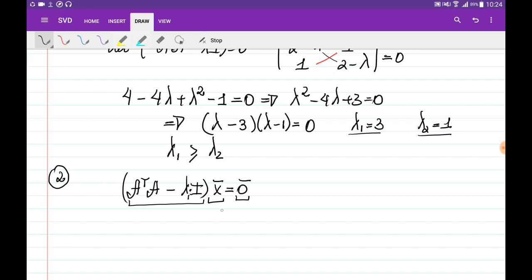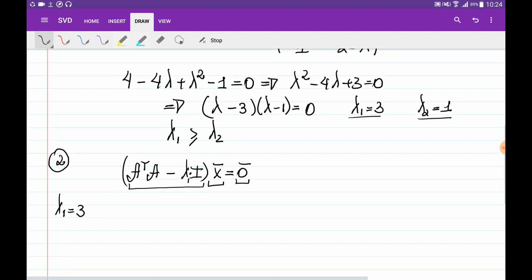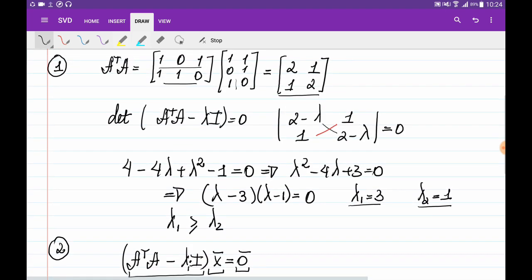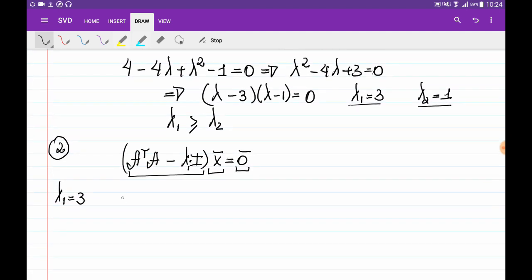All these vectors will be the eigenvectors of A transpose A. So we will do this for lambda 1 and lambda 2. So for lambda 1 equal to 3, if we subtract from the diagonal entries of this matrix 2, 1, 1, 2 the lambda 1, 3, it will be minus 1, 1, 1, minus 1.